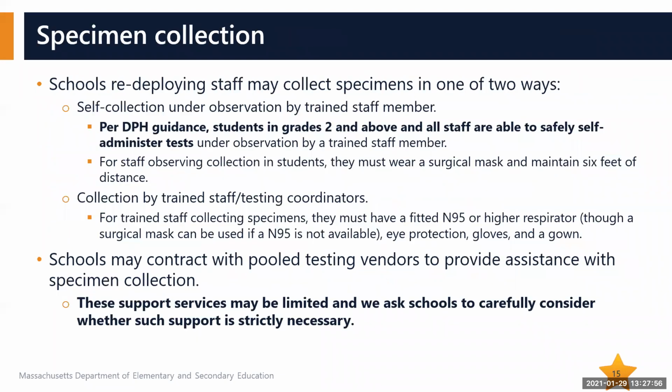So moving on to specimen collection. What we need you to be thinking about is who is the staff member or staff members going to be who can either observe the collection of specimens, or actually conduct the administration of the specimen collection.